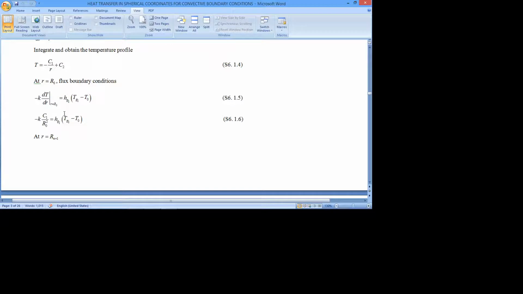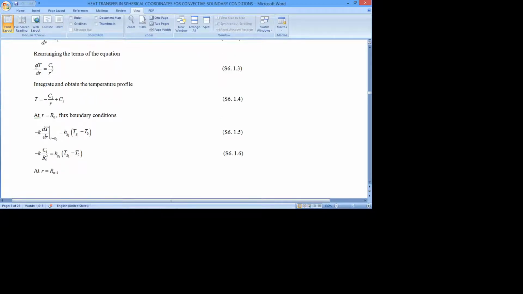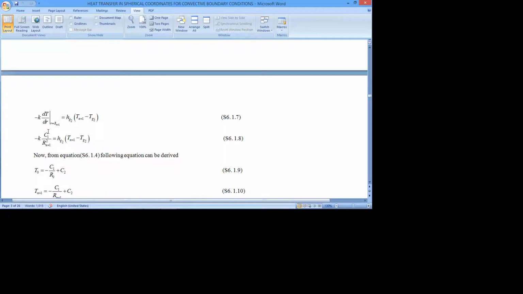We can calculate dT upon dr from here by putting in R0, so this equation comes with the help of this one and this one. In the same way at r equal to Rn plus 1, we get another equation. This is the flux balance at the outer surface.